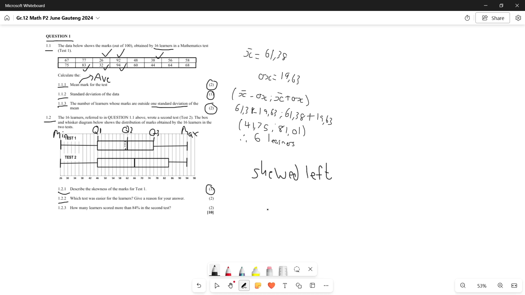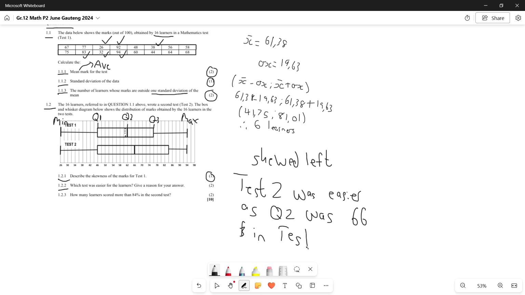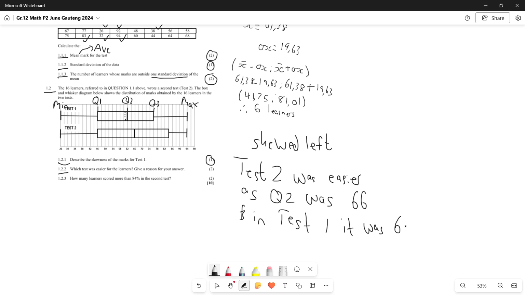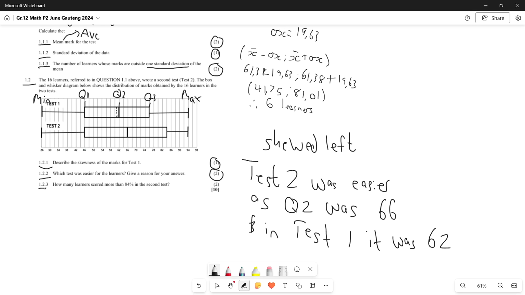So we write test 2 was easier as Q2, our median, was 66, and in test 1 it was 62, which ultimately means that 50% of the learners got above 62 for test 1, but 50% of the learners got above 66 for test 2. That means more people in test 2 got higher marks than test 1. That earned us 2 marks.